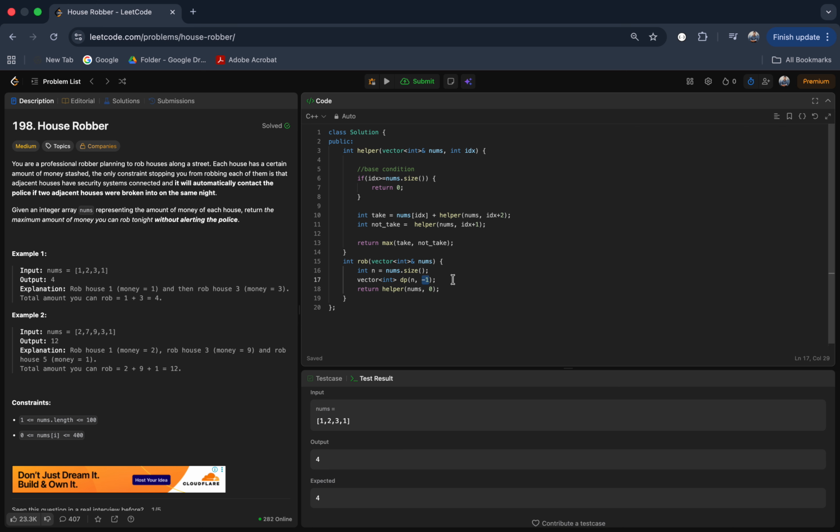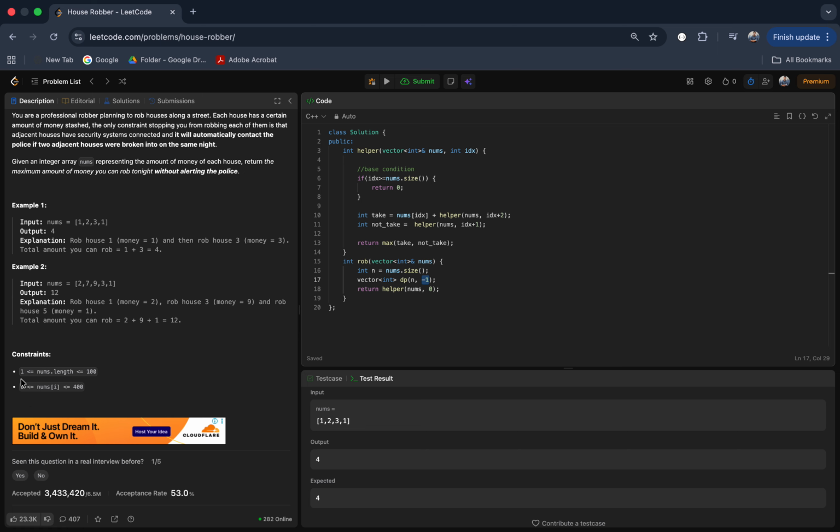It is already written that nums length is up to 100, and the values given are all positive, so there is no chance of getting a negative number. So I am assigning all the values to -1, because -1 can't be generated from any of the sub problems.